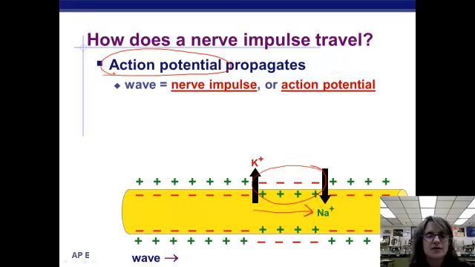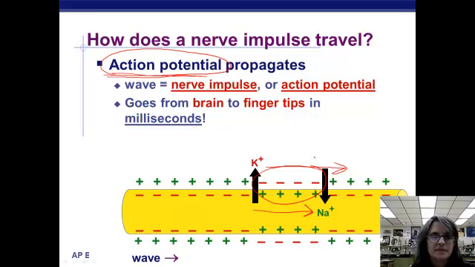So this is where we are depolarizing this neuron, if you will, okay? It is called the action potential. Something is happening here, okay? And it's propagating. That means it's moving down the axon, okay? This action potential can move from your brain down to your fingertips in an incredibly fast rate of speed, milliseconds.